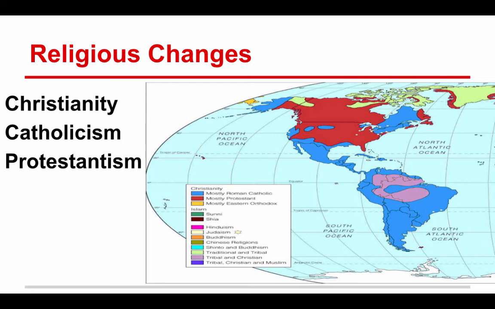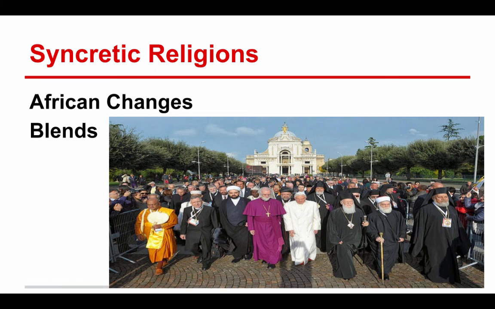There are tons of churches in here because you have the British that settle the United States, mostly British and many Huguenot French, and so you see lots of Protestant religions there. But then you also see some blending of religions, like for instance, a blend of African religions with Christianity, and many of these religions are known as syncretic religions, in which you have a blending of two different types of religions that come together.